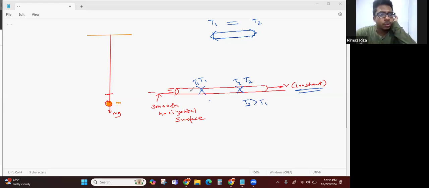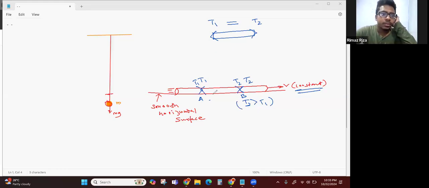So you consider this part AB. Let us consider the tension forces at A and B as T1 and T2 respectively. And also we consider that T2 is greater than T1, right?